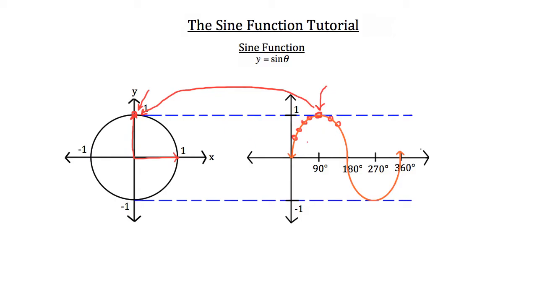So let's take another look at one of these points. Let's take a look at this point right here on this sine function. If I were to draw a line directly across to the imaginary unit circle off to our left, that point that I indicated with the arrow on that sine wave is going to correlate exactly to the y-coordinate of the point where this angle in standard position, theta, has its terminal side passing through the unit circle.